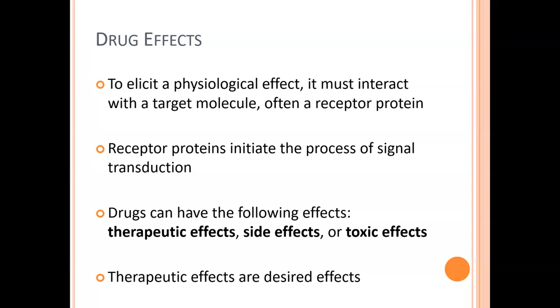This process, a chain reaction of different events, starting with a drug, moving through cellular machinery, is called signal transduction. It's the movement of a signal from your illicit drug to something occurring physiologically in the cell.